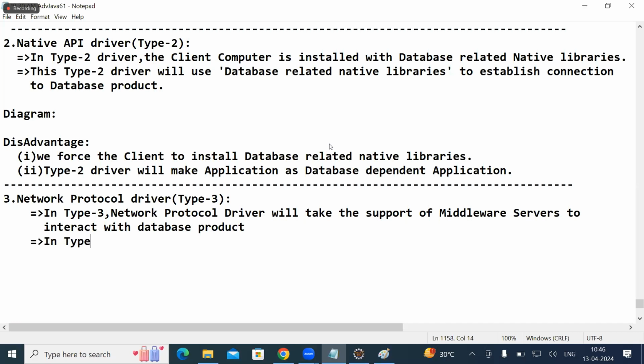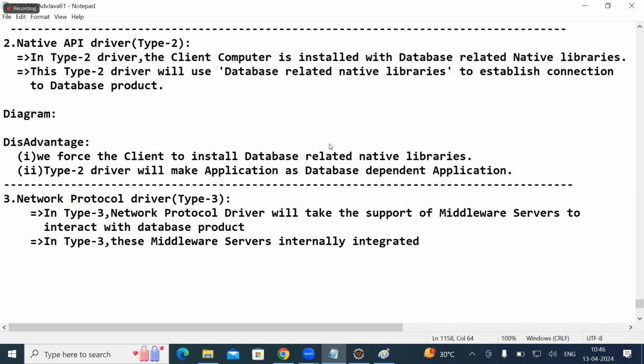In Type 3, these middleware servers are internally integrated to the database product.